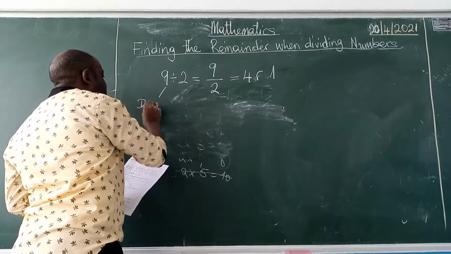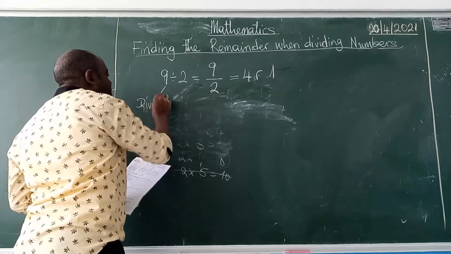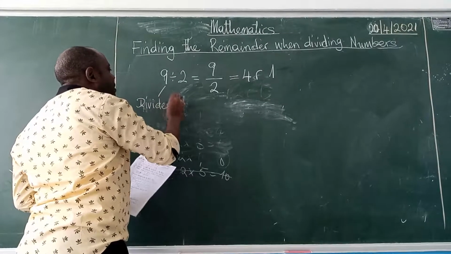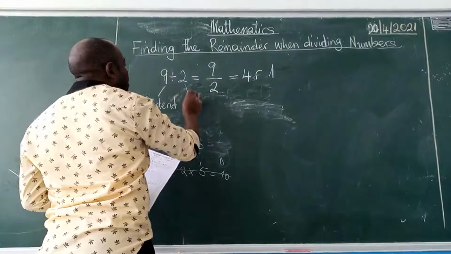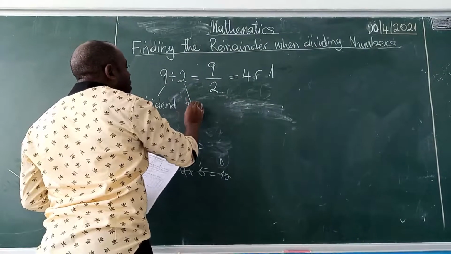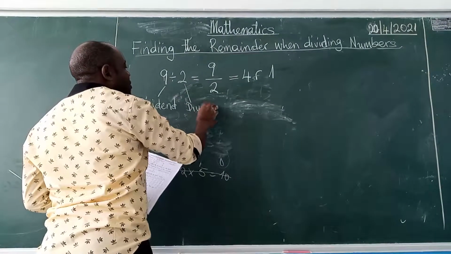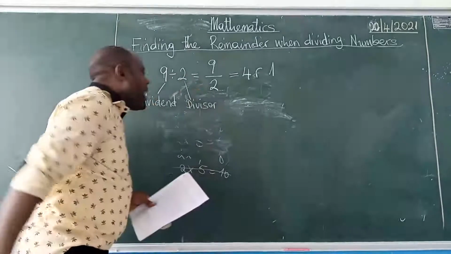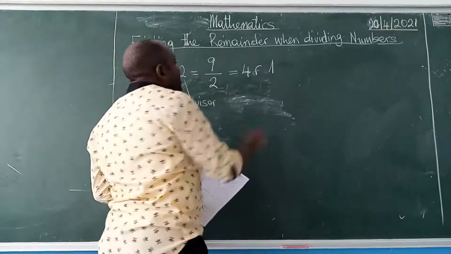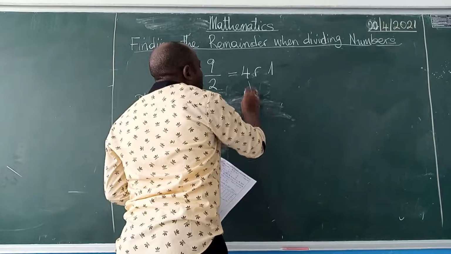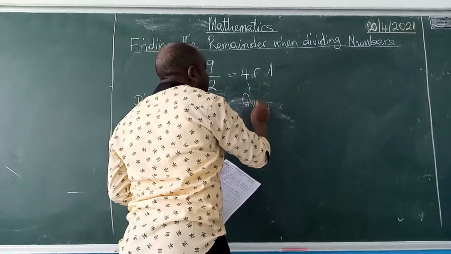Now, this 9 is called the dividend. This 2 is called the divisor. And then this is called the quotient.